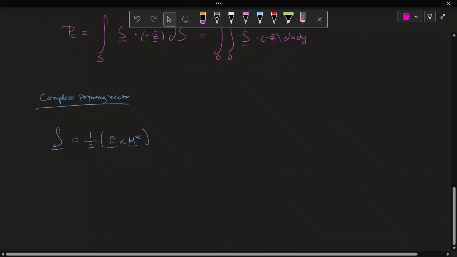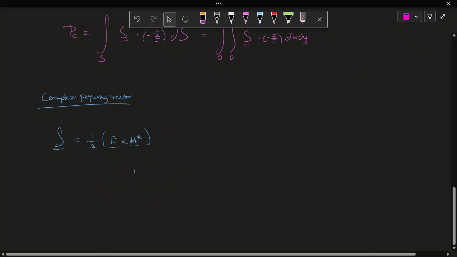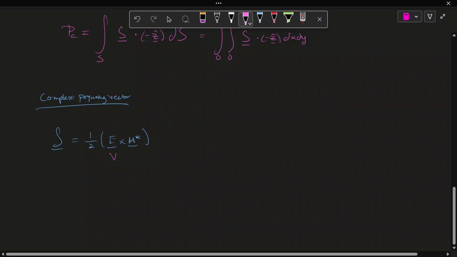Like complex power is equal to V times I conjugate, right? For doing AC components and stuff like that. That's kind of where this is going. E is your voltage, H is your current, so 1 over 2 V I conjugate. So that's how we're doing it here. And of course you get this 1 over 2 because we're in RMS. But that's besides the point.